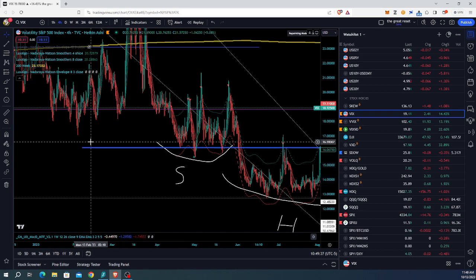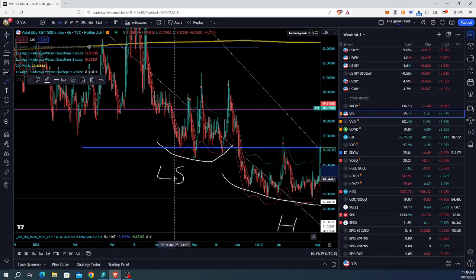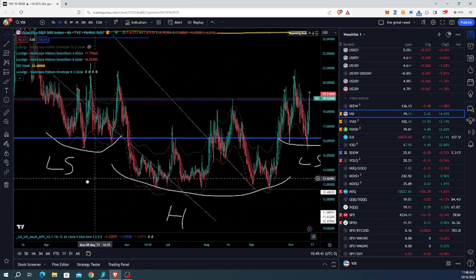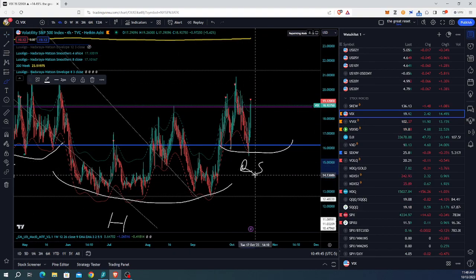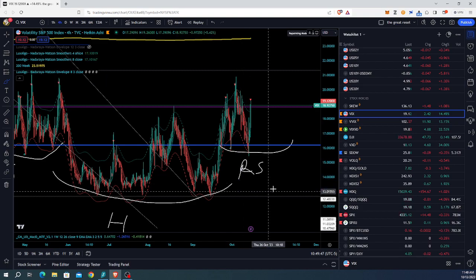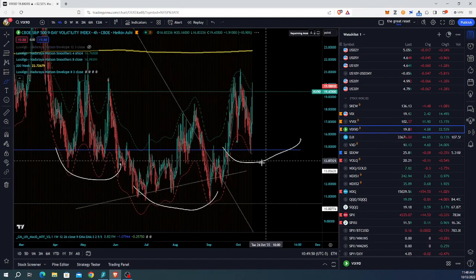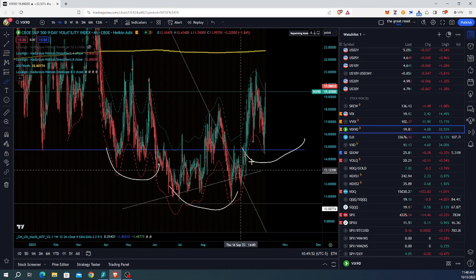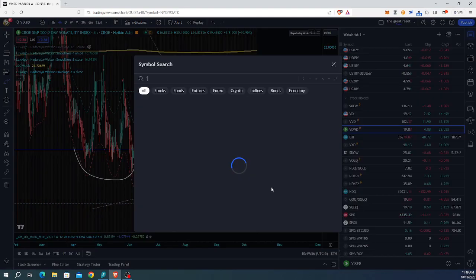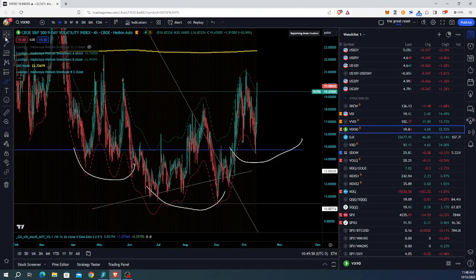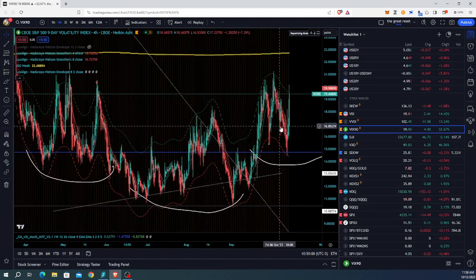This would be the left shoulder, head, and then this would be the right shoulder. Sorry about that, guys. So similar structure here: left shoulder, head, right shoulder. If that plays out, only time will tell, but volatility is clearly going back up.